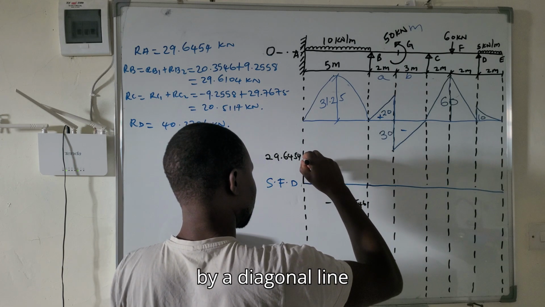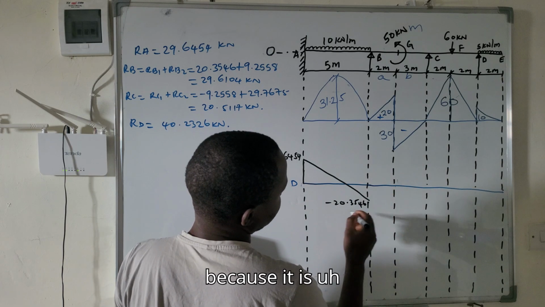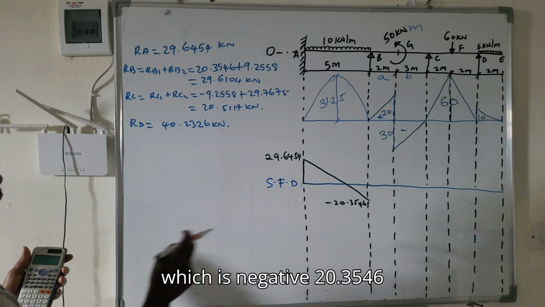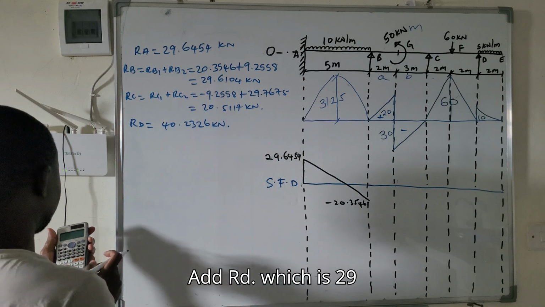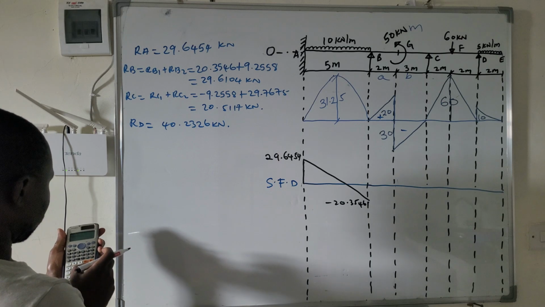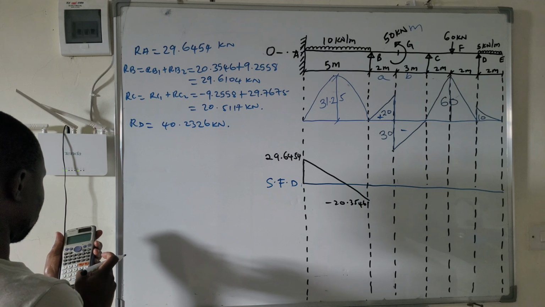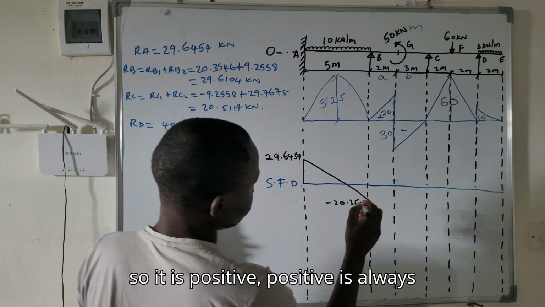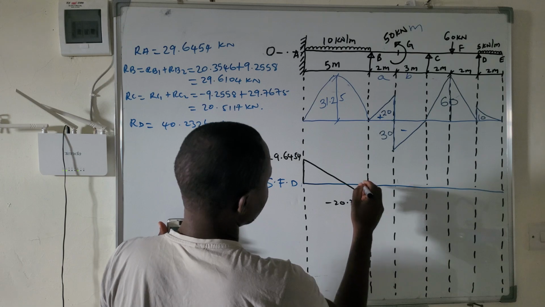Then you join by a diagonal line because it is a UDL. Then your answer, which is negative 20.3546, add RB, which is 29.6104, so you'll get 9.2558. It is positive. Positive is always above the baseline.